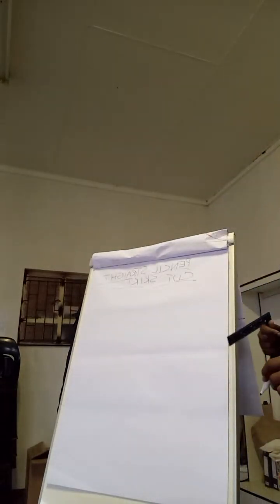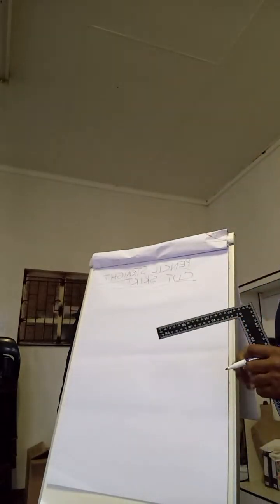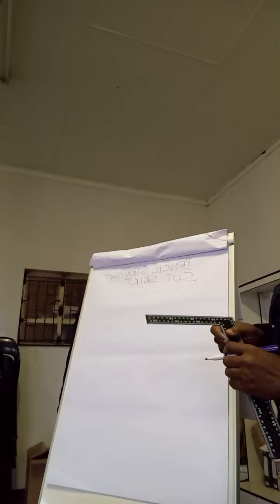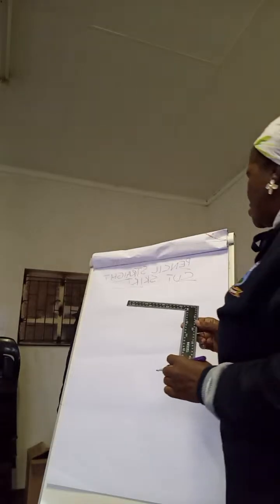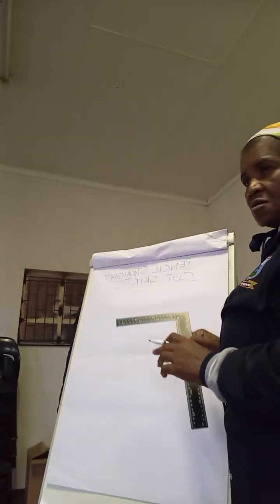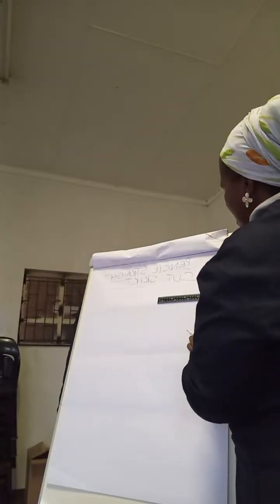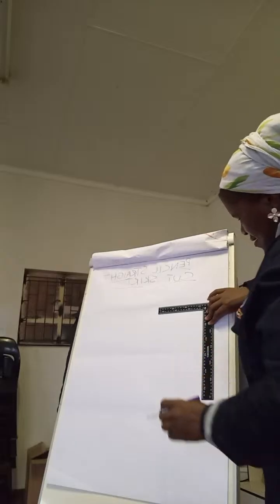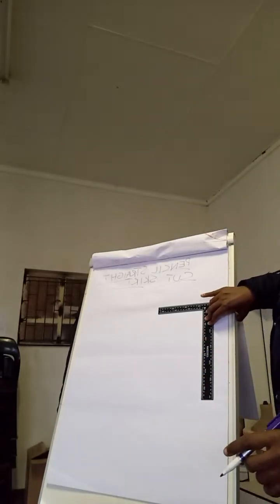So when you are drafting, you can see the writing. Every time you are drafting, you start with a straight line, like this. This is called a square ruler.